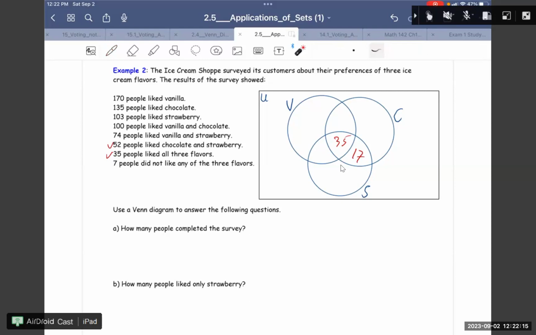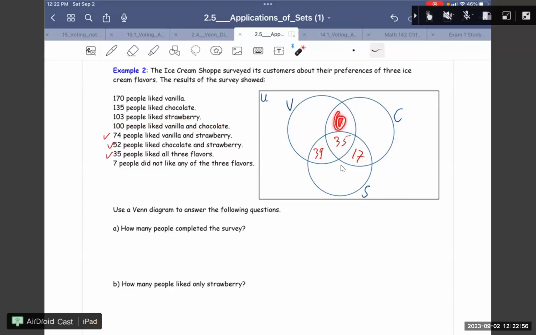And 74 people like vanilla and strawberry. We already have 35 people in this region, so 74 minus 35 gives us 39. Also, we have 100 who like vanilla and chocolate. Vanilla is right here and chocolate right here. Already 35 people are used, so how many do we have left?